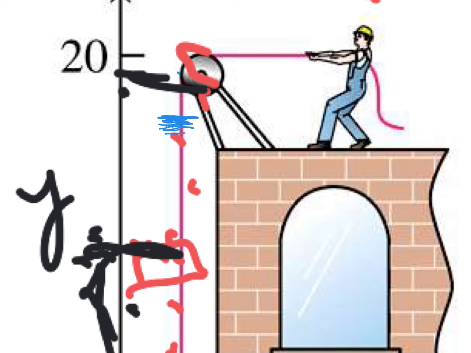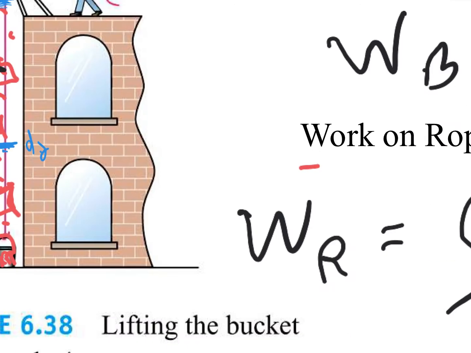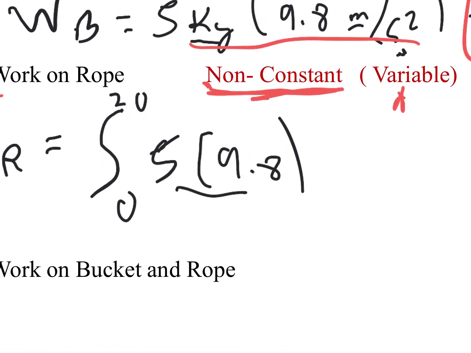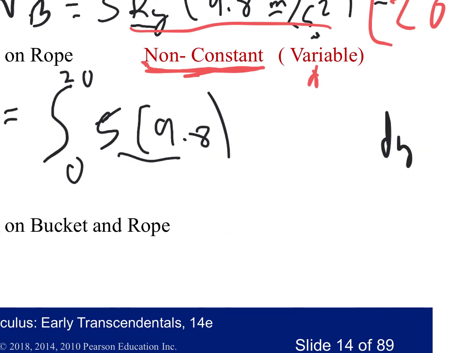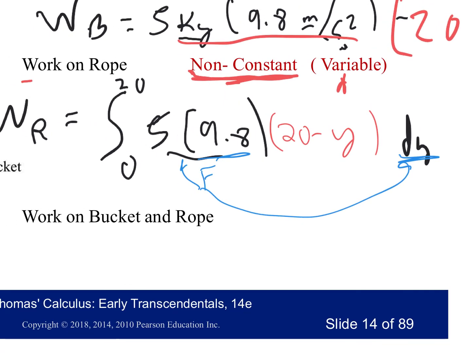We're only talking about each slice of rope, which is the thickness of your hair. So there's my dy. This is my force. This is my force from here and here. Distance will be 20 minus y. And so I'll label that distance.